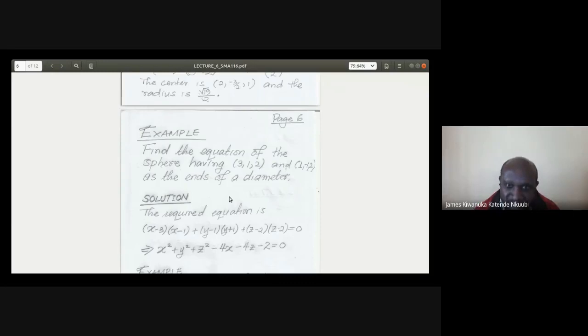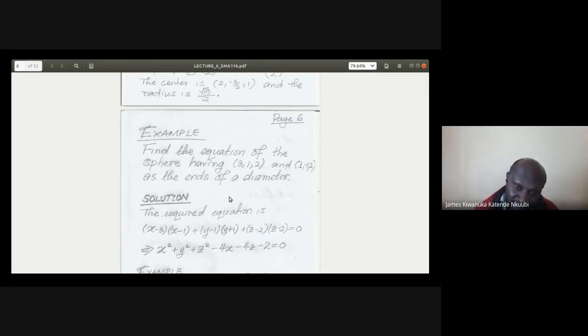So another way you would have solved this is simply to find the center of the line joining the two ends of the diameter. That's easy to find the center because you know the endpoints. Once you find the center, you have the coordinates of the center.